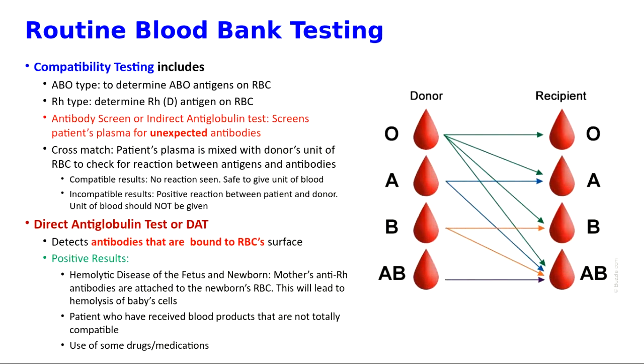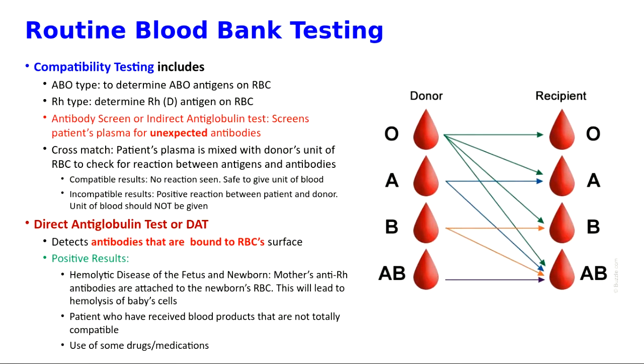And if the donor has the A antigens, that donor can give blood to a patient that is also A, or to a patient that is AB. A patient that has B antigens on the red blood cells can give blood to a patient that is B or AB.